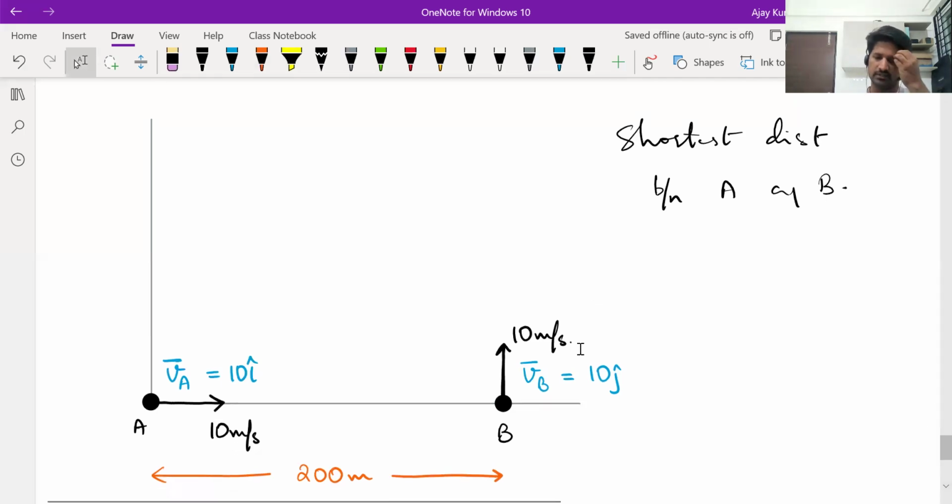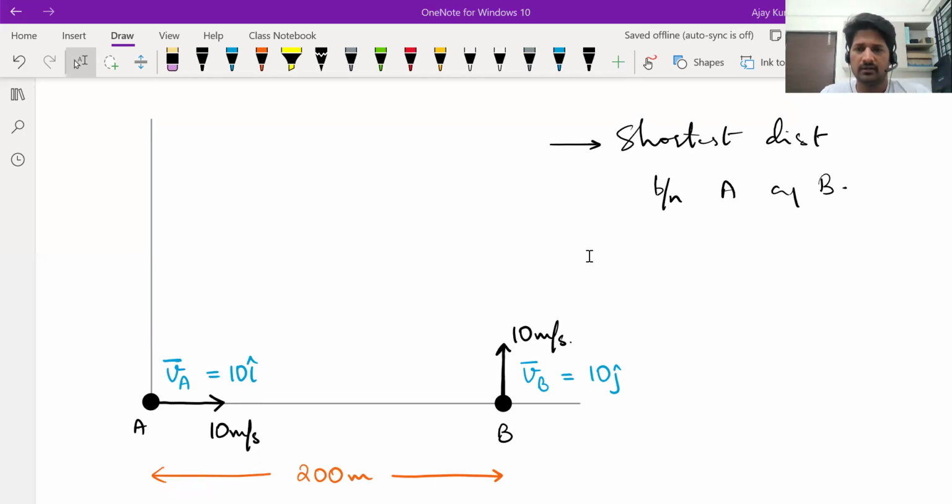I'll give you hints also. Listen. Generally, whenever you need to find out the shortest distance between two objects or the longest distance between two objects, or when two objects collide, or when two objects will be moving perpendicular to each other, and so on, the solution will be simpler if you use the concept of relative motion.